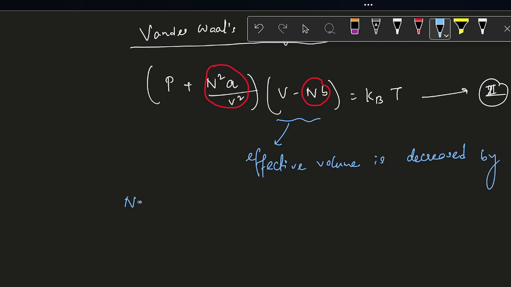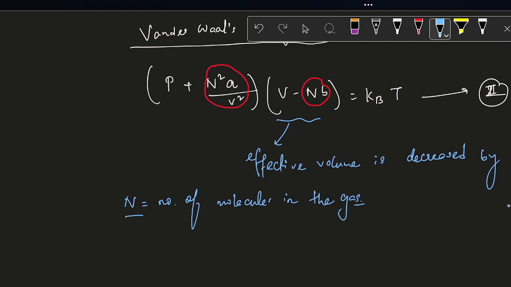Let me mention that here N is the number of molecules in the gas. In the ideal gas equation of state, PV equal to N k_B T, N also represented the number of molecules or particles, and here it carries the same meaning.